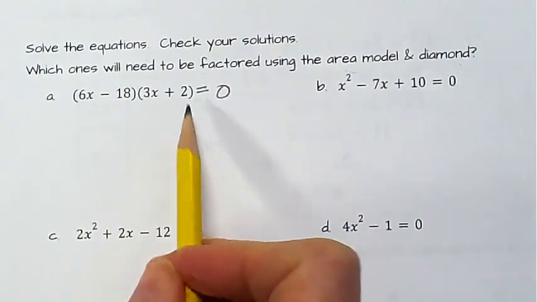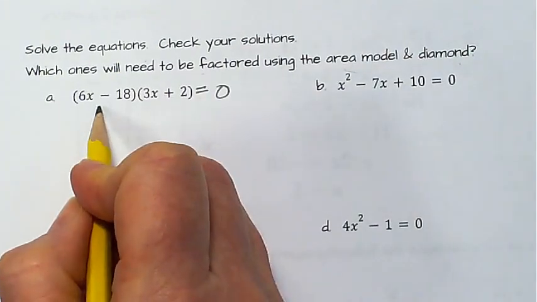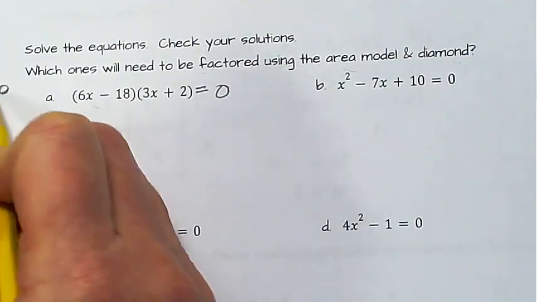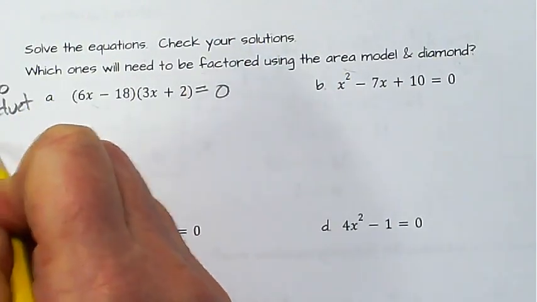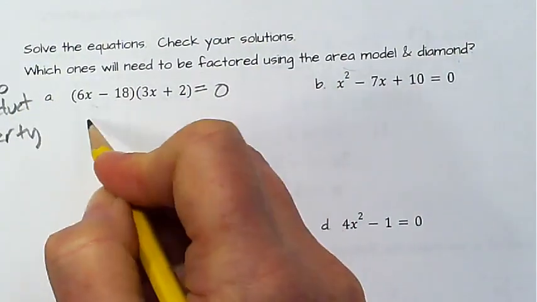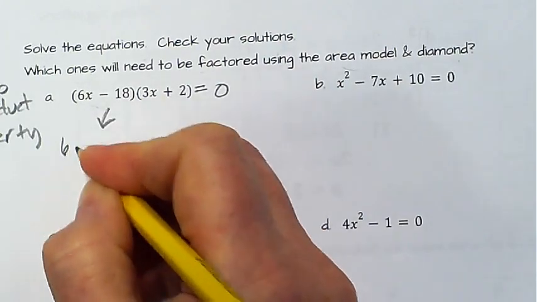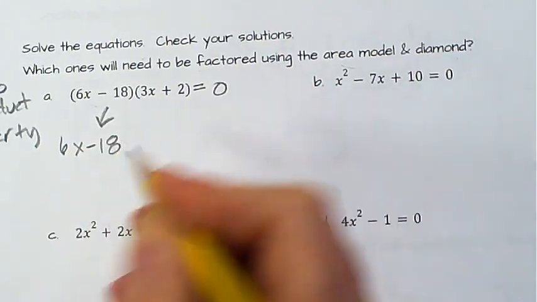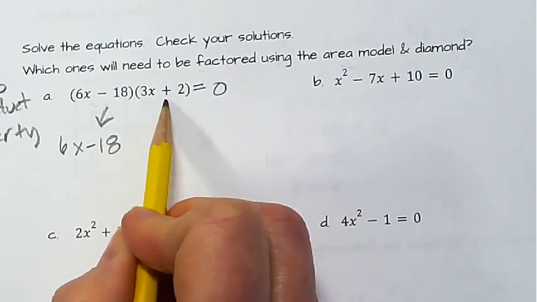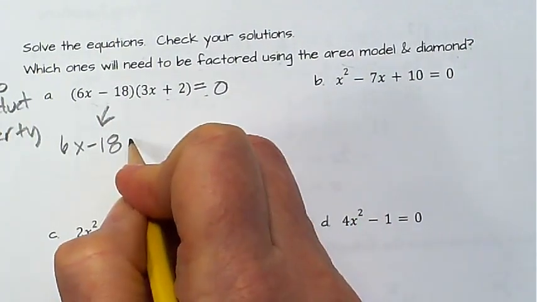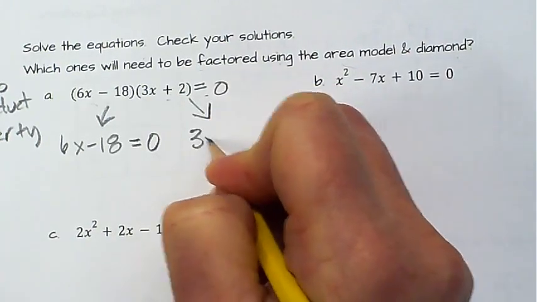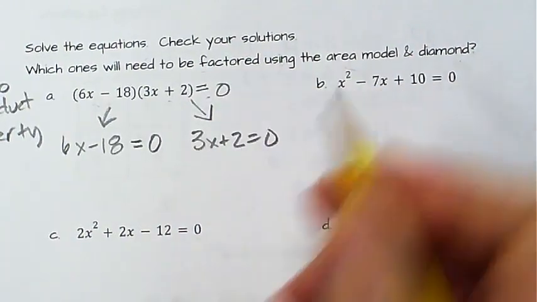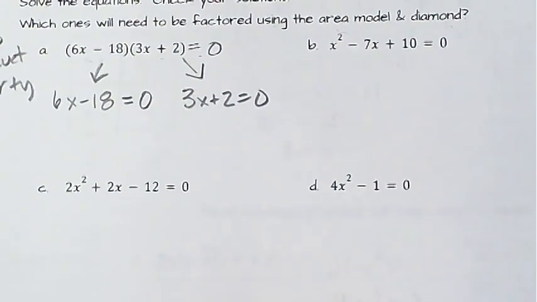So all we're going to do here is use zero product property, and if 6x minus 18 times 3x plus 2 equals 0, either 6x minus 18 equals 0 or 3x plus 2 equals 0, and I'm just going to solve for x in both equations.